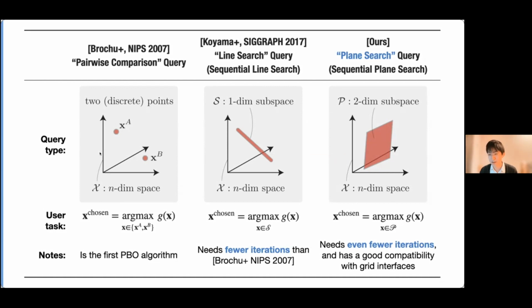In this work, as shown on the right of this slide, we let evaluators explore a two-dimensional subspace. Because a 2D search query can provide much more information than a 1D search query, this makes the number of necessary iterations even smaller. An additional benefit is that this 2D search query has good compatibility with grid interfaces.